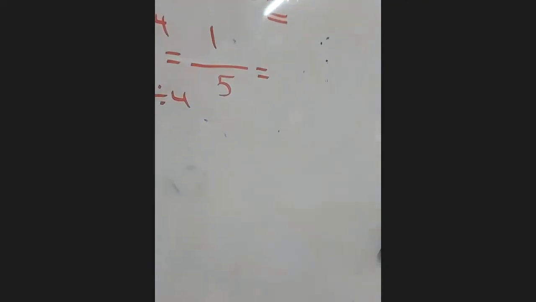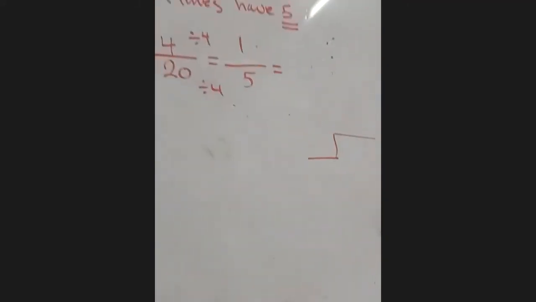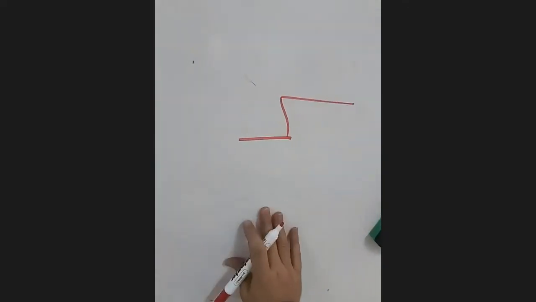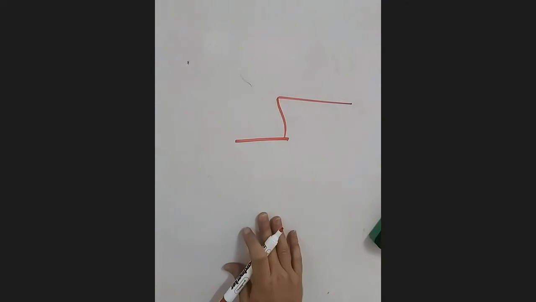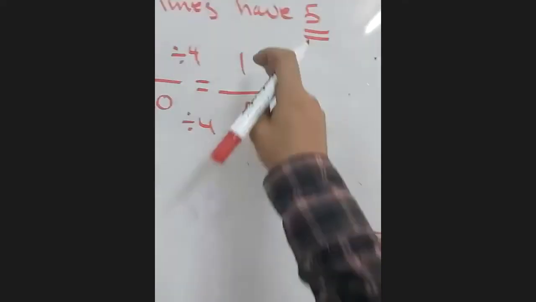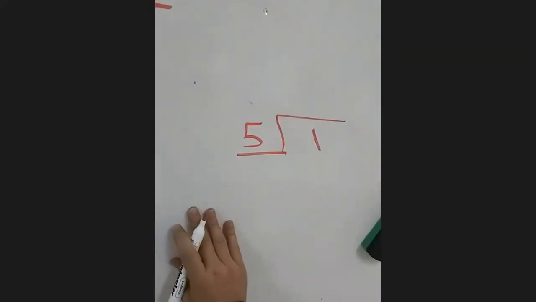If we have a fraction and we want to make it a decimal, what do we do? 1 over 5 means 1 divided by 5.